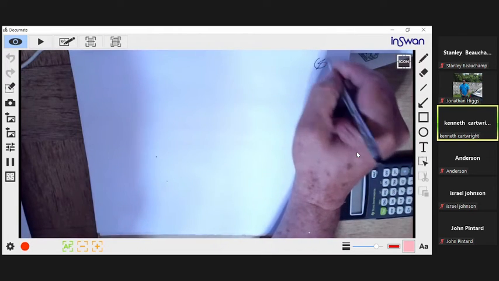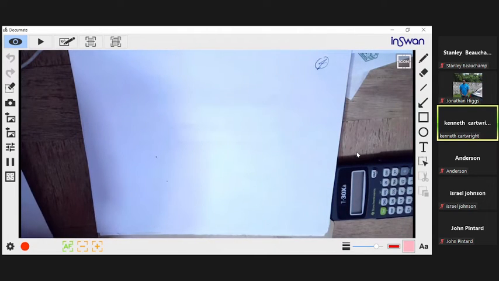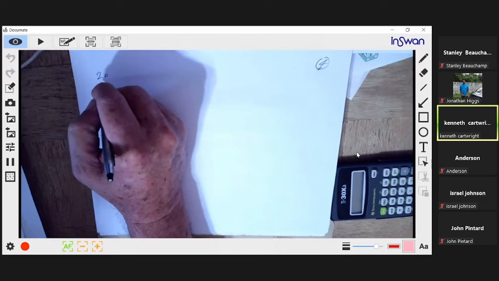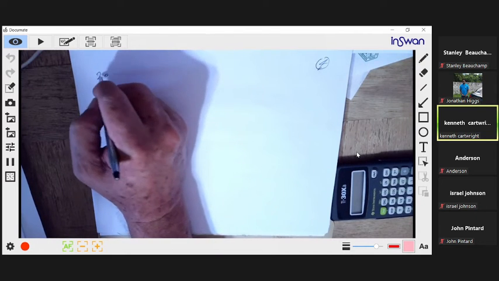Now let's go back and do the inverse Laplace another way.